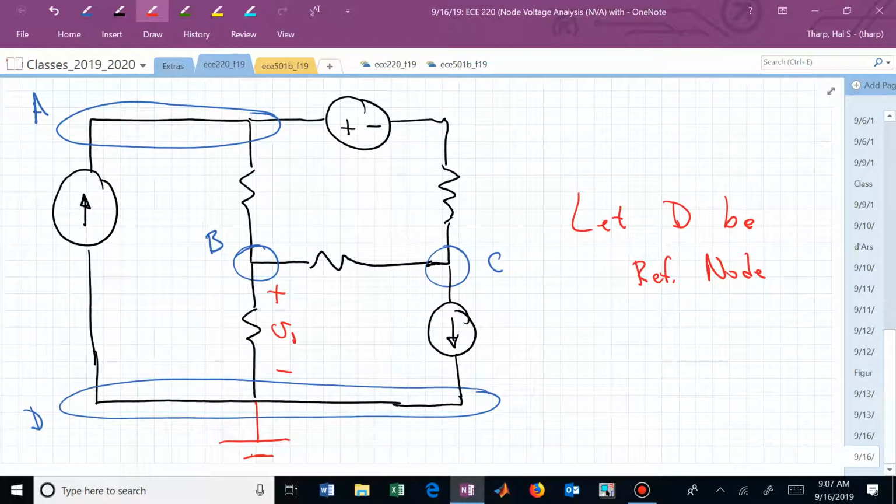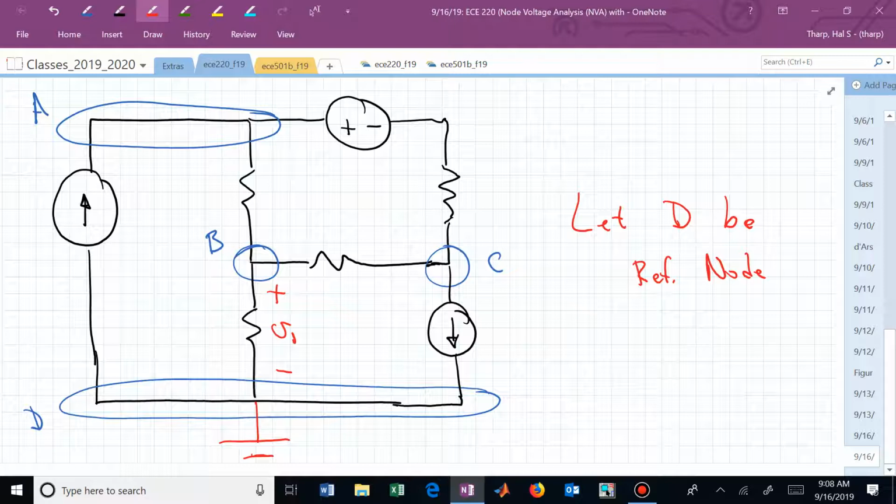With the remaining essential nodes, the ones that are not the reference node, I now need to identify the node voltage relative to the reference node.